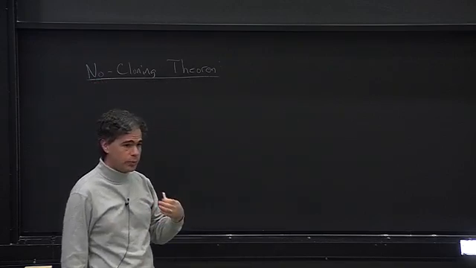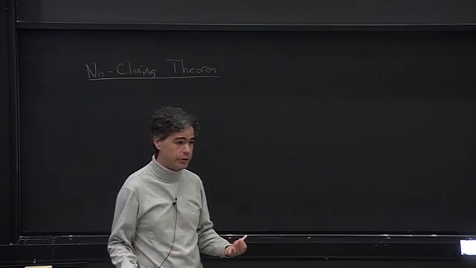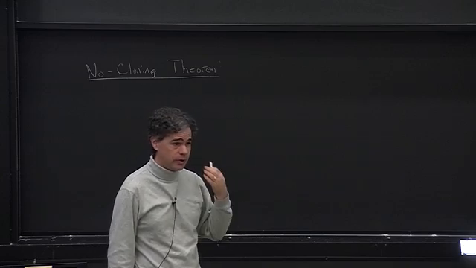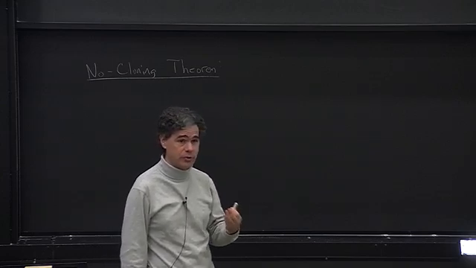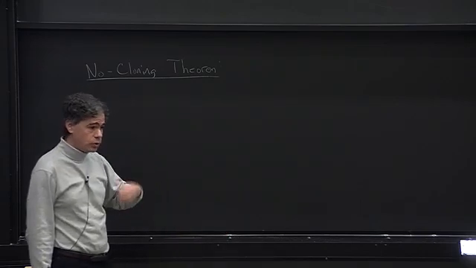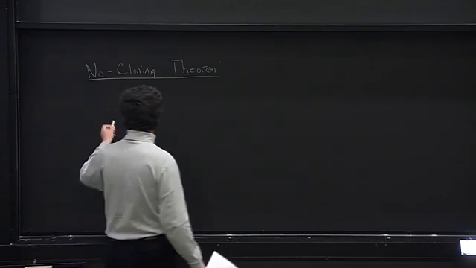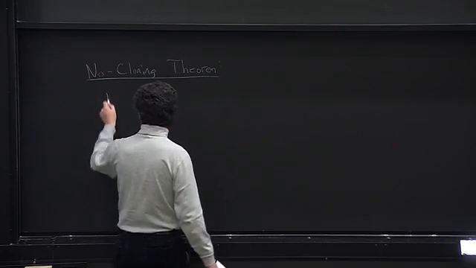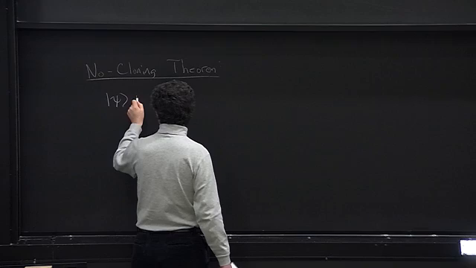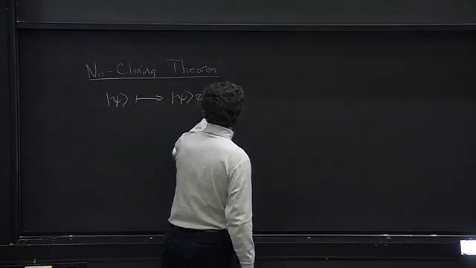Remember I said that one of the points of the field of quantum information is to understand the difference between classical and quantum. And the no cloning theorem is one of those big fundamental differences. What it says is that while you can copy classical bits, you cannot copy qubits. In particular, there's no device that will take an arbitrary state and map it to 2 copies of itself.